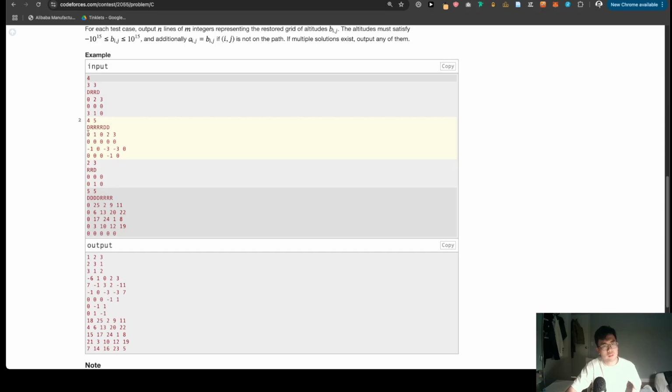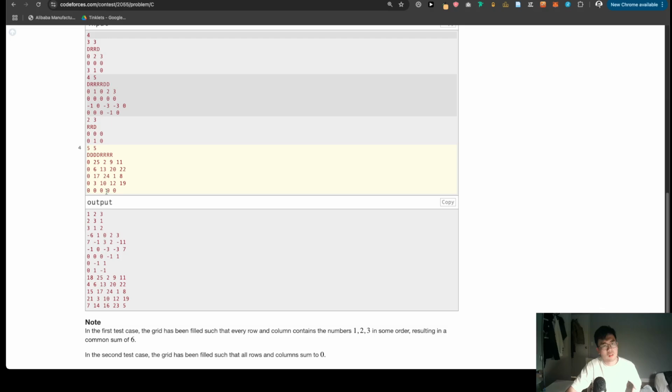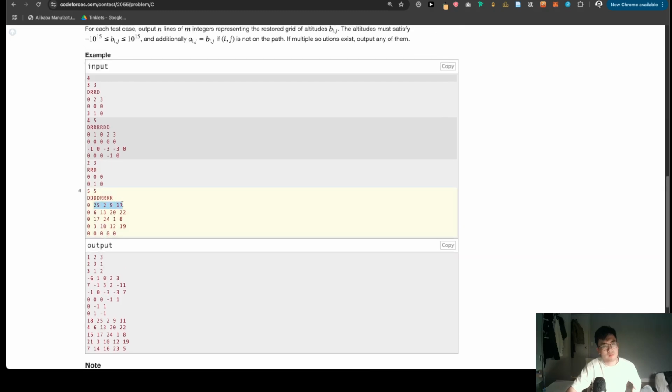So if the corner is this, this should be equal to this.